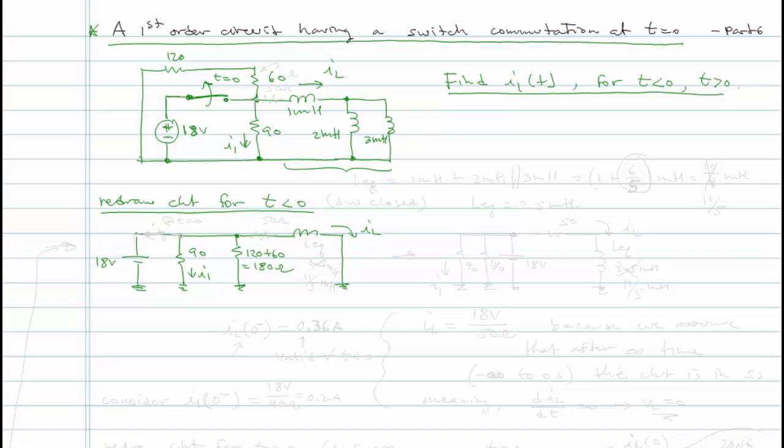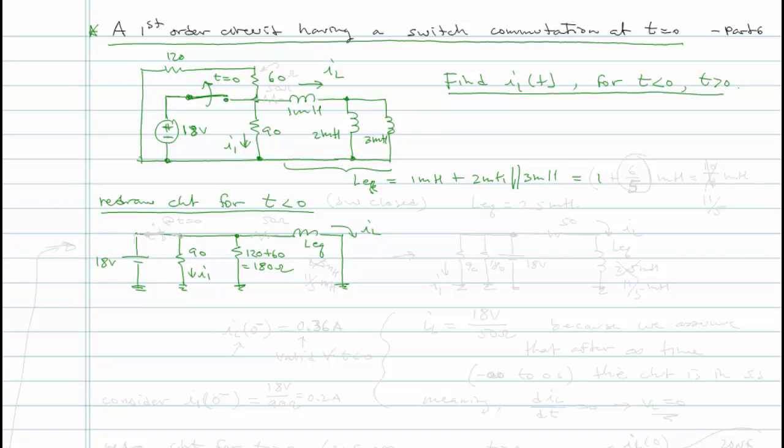When you combine inductors in series or in parallel, they combine like resistors. So the equivalent inductance, LEQ, is equal to 1 millihenry plus the parallel combination of the 2 millihenry and the 3 millihenry.